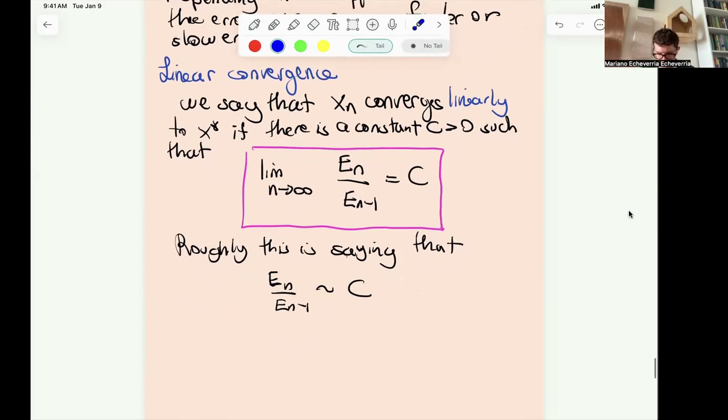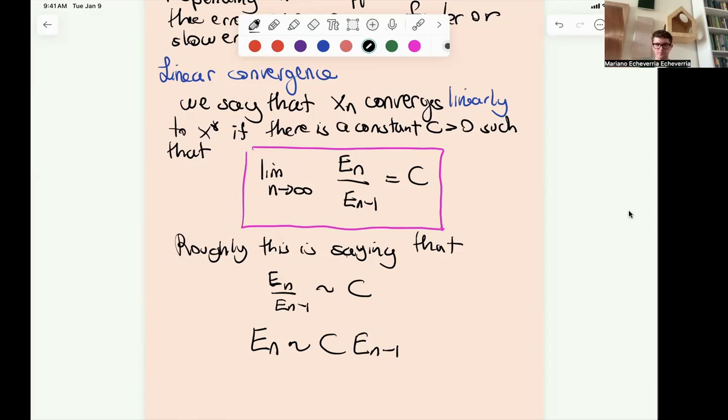So in other words, what this is saying is that En is a constant times En minus one. That means that the error at step n is just a constant rescaling of the error at step n minus one. So the errors rescale linearly. That's the idea, because the ratio is just a constant.